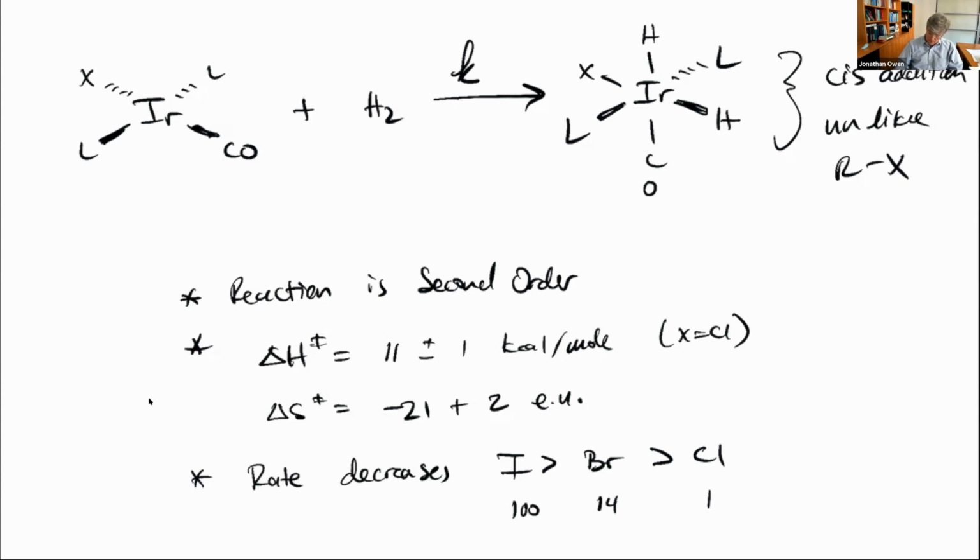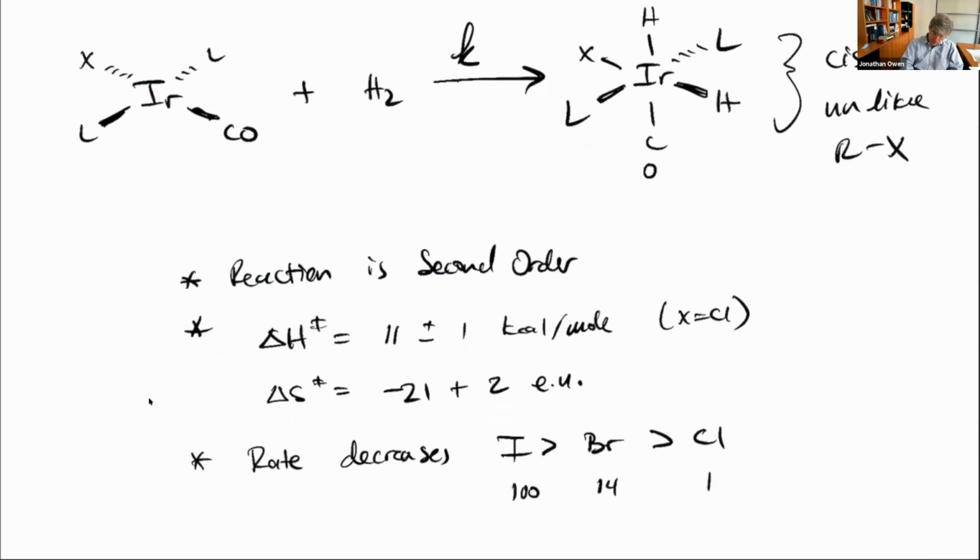And the simple explanation, of course, is that you're starting with iridium 1 with a single halide, and you're ending up at iridium 3 with two hydrides and a halide. So you're raising the oxidation state, and ligands that are electron releasing will stabilize iridium 3. That makes it more favorable when you have an electron-rich halide present.